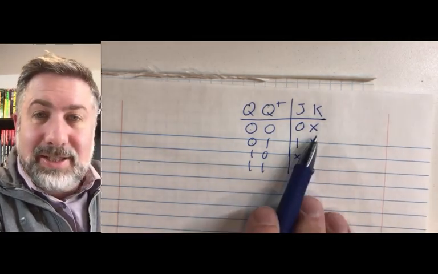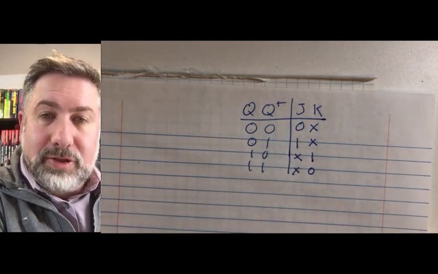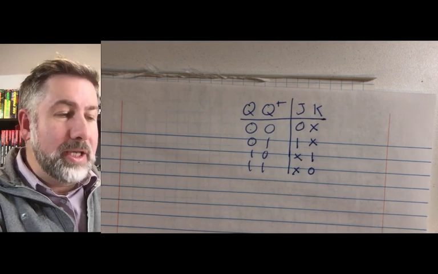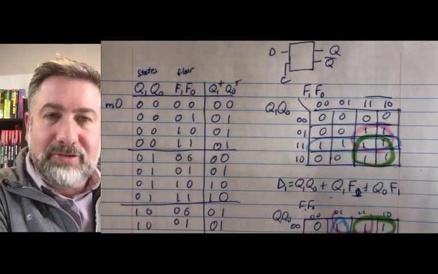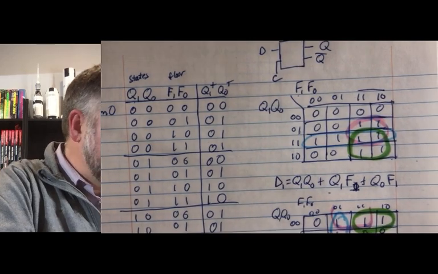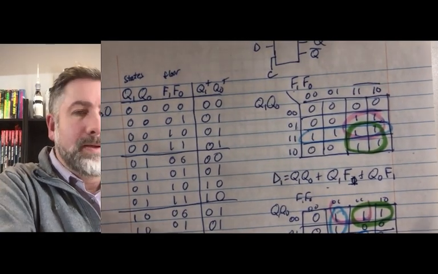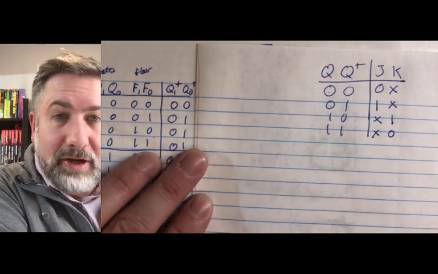So this is my excitation table, and I'm going to use this a lot to figure out what the value for the JK inputs should be to make these state transitions happen. So if I go back to my original state transition table, and then I start to look at what values I need for each of these transitions, I can use the JK state transition table to figure that out.